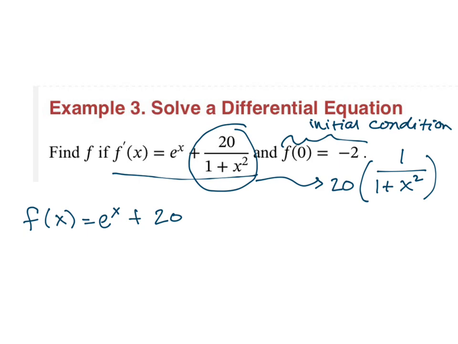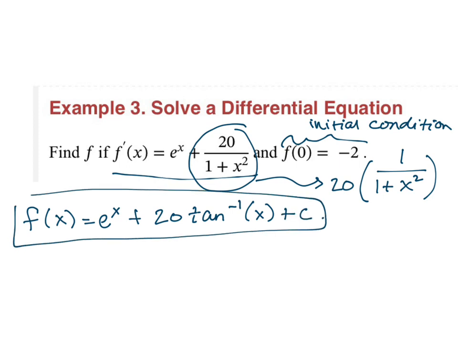I pulled that 20, now it's acting like a constant, right? So the antiderivative is just going to have 20 times the antiderivative of 1 over 1 plus x squared, which is tangent inverse. So 20 tangent inverse of x, and then plus c. This is the general antiderivative.